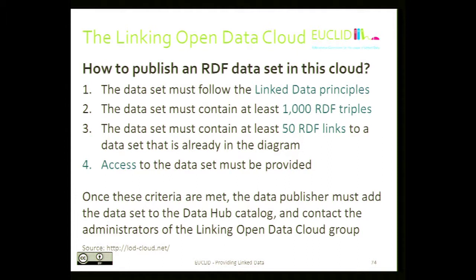It must contain at least 50 RDF links to another data set already in the diagram. So if it's made completely in isolation without any interlinkage, it's not eligible to go in the diagram. Then finally, access must be provided, open access in fact. There must be some license that says that this data can be at least consumed and usually reproduced.